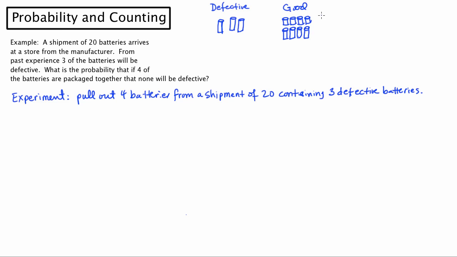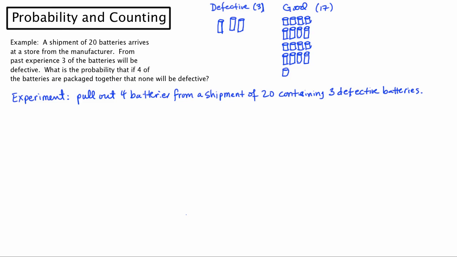So there we have 8, and I'm just going to copy these 8 and we'll reproduce them. And then just for good measure, we'll throw in one more here. So here's the good. We've got 17 good batteries. And we have 3 defective batteries.